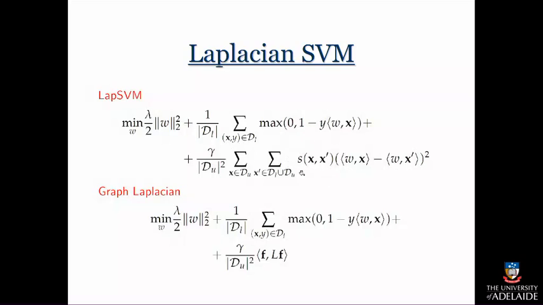This S matrix, if you check just one value, is the similarity score between two data points. And this is the classifier's score on data point X and data point X prime.